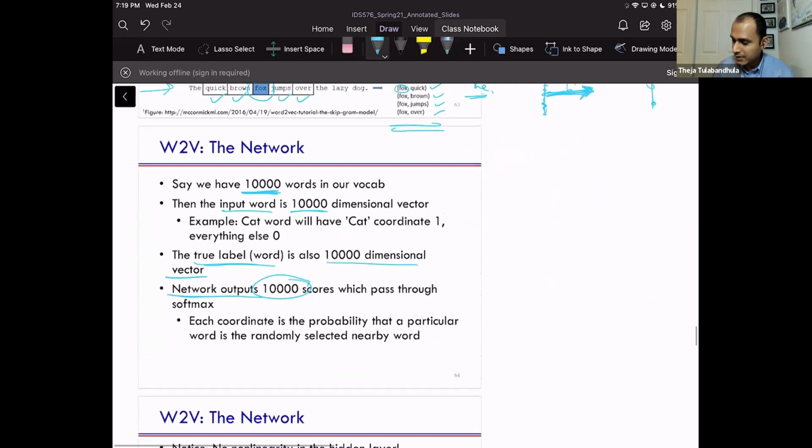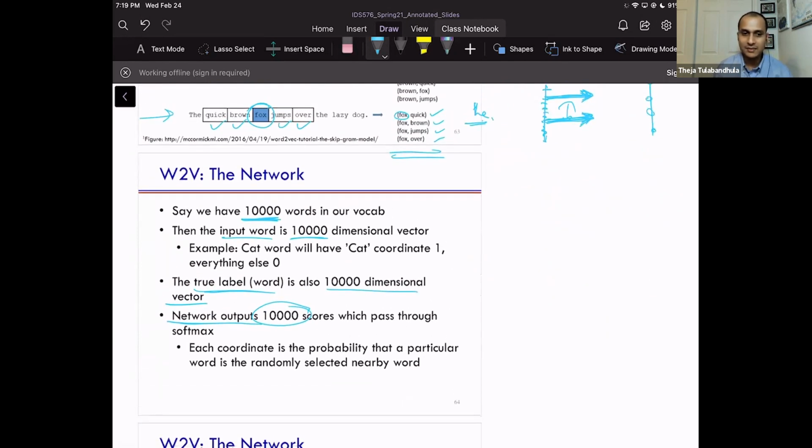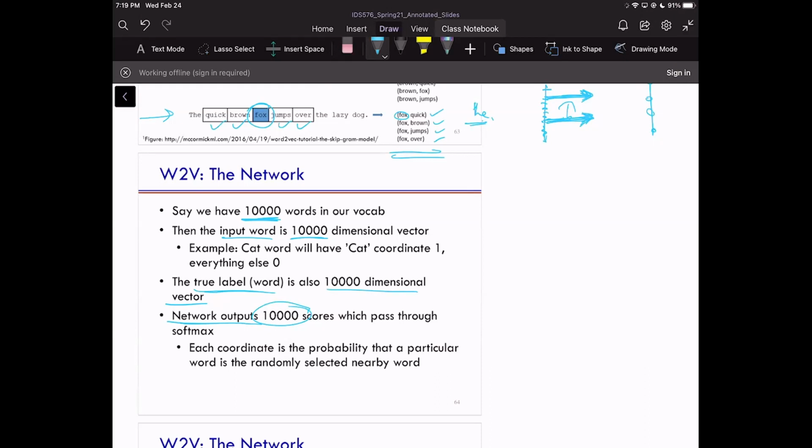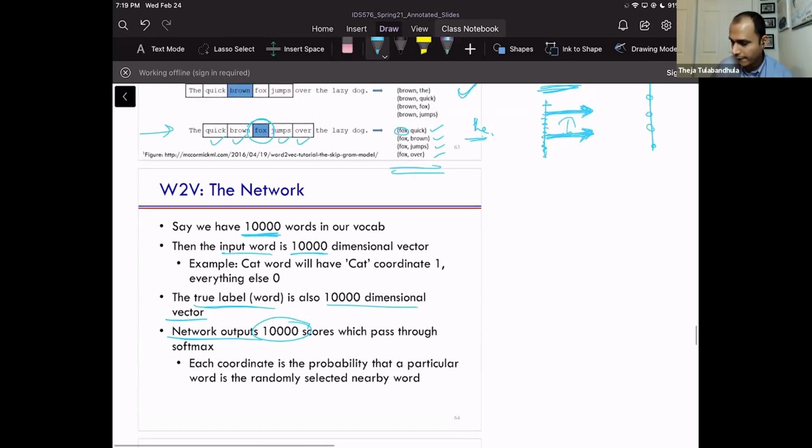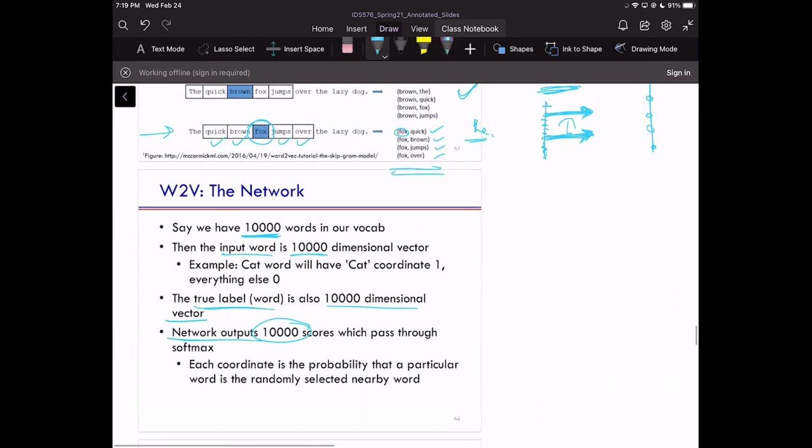Any questions up to this point before I next talk about the explicit diagram for the neural network? Yeah, go ahead. I have a question. So the word that has the higher probability will be near the input word?